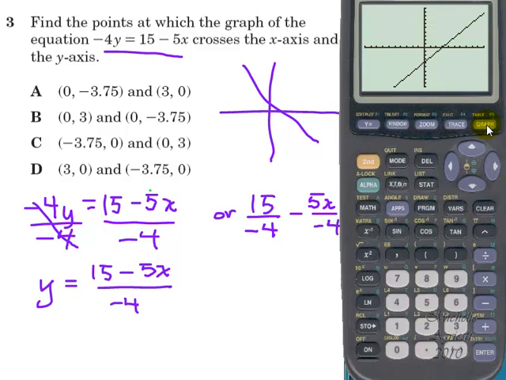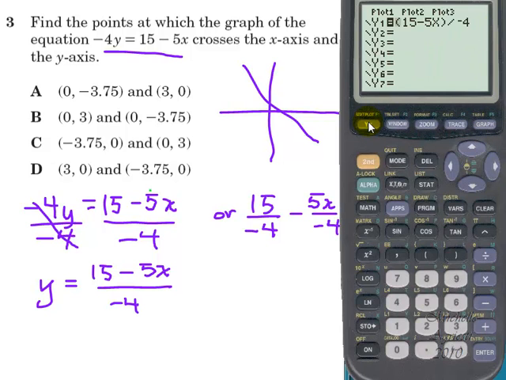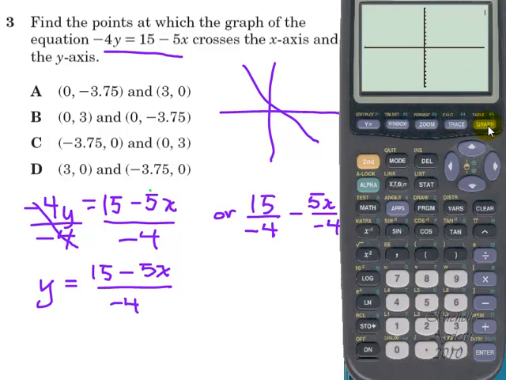There it is. Let's do the other one. 15 divided by negative 4 minus 5x divided by negative 4. Now I'm going to go up and turn the previous one off.